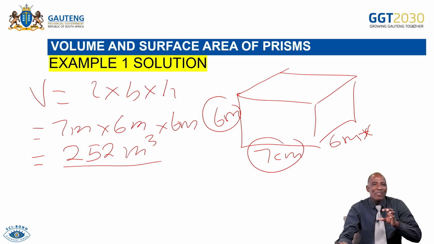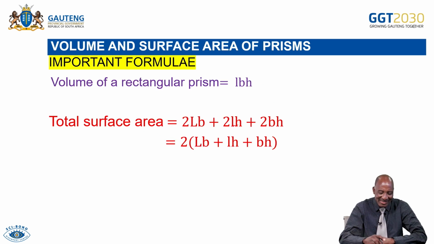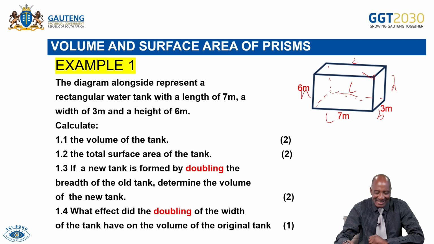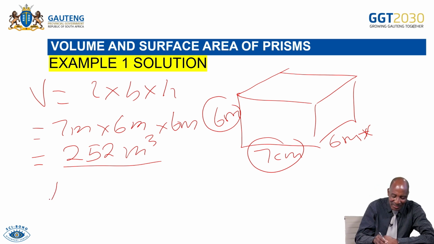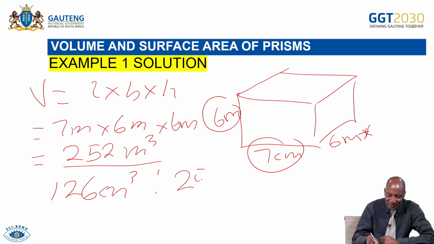Now, if we compare, because the next question says, what effect did the doubling of the width of the tank have on the volume of the original tank? Remember, the volume of the original tank was 126 cubic meters, is to 252 cubic meters, the new one.